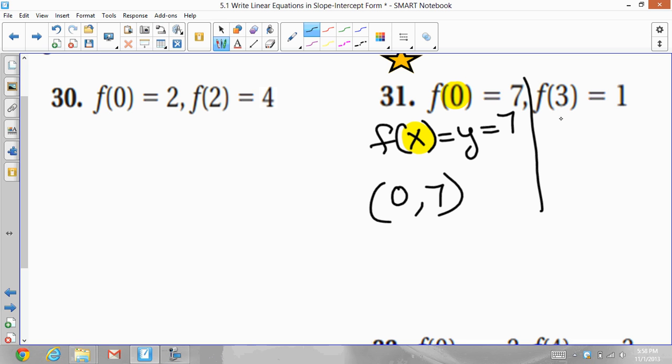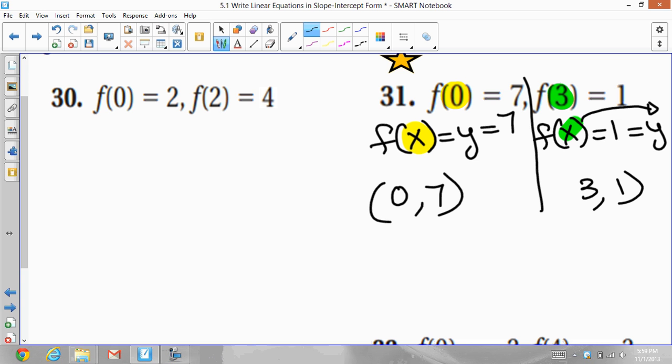Let's focus here. F of 3 equals 1. Which basically means f of x is equal to 1, which is nothing but my y. Your f of x is your y. Remember this connection. And if you focus on your x value, your x is 3. So the point is 3, 1. Now you got your 2 points.